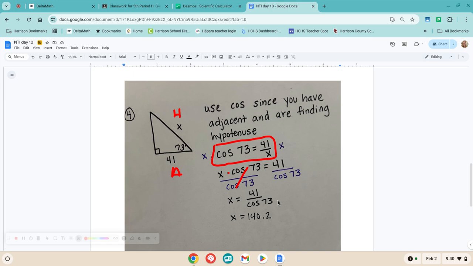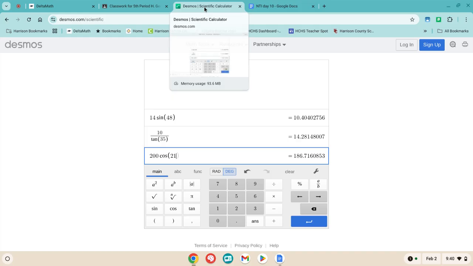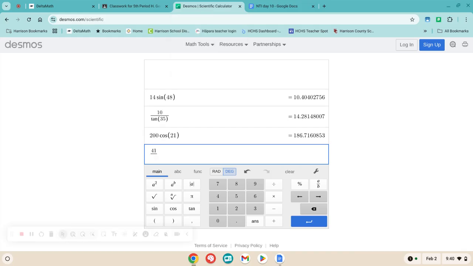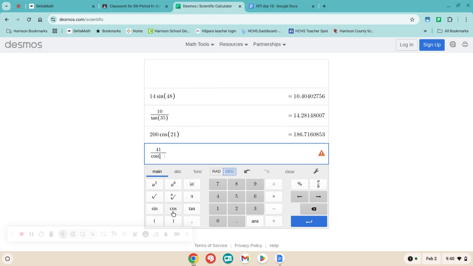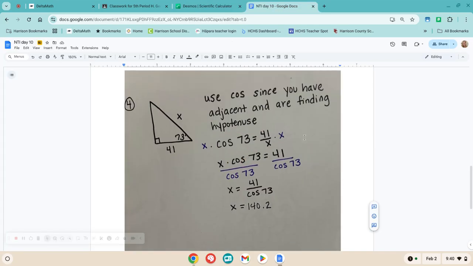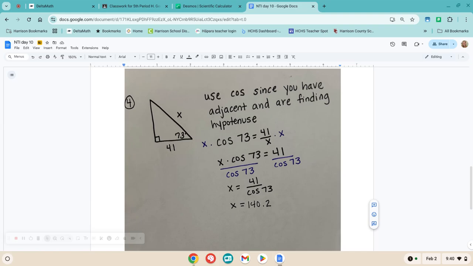So x would be 41 divided by cosine of 73. So 41 divided by cosine 73 would be 140.2.